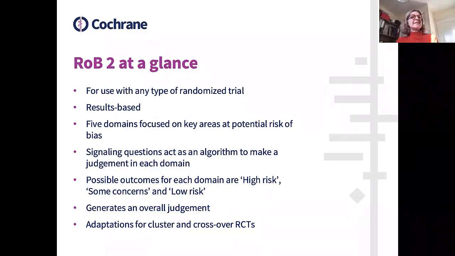If any of the domains have some concerns, but none are high risk, then you'll get an overall risk of bias of some concerns. And finally, low risk: if all the domains are at low risk, that'll be the overall judgment for that particular result. And there are adaptations for cluster randomized controlled trials and crossover randomized controlled trials.